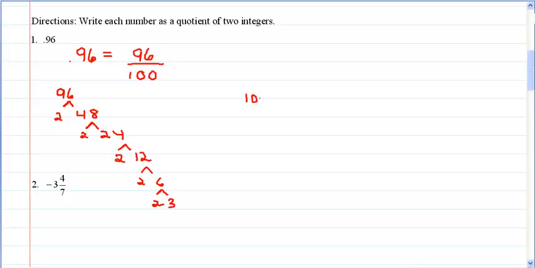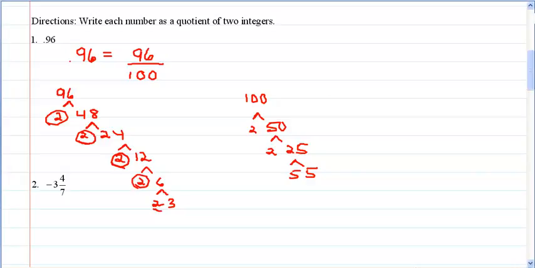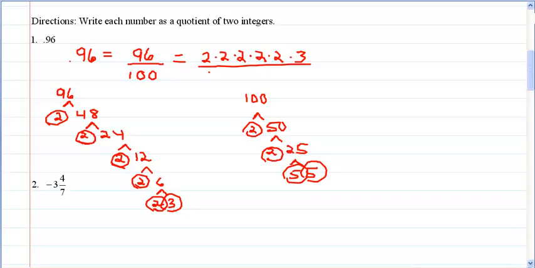And then for 100, so by writing the prime factorization of 96, I'm going to expand the numerator as 2 times itself 5 times, times 3, and then in the denominator I have 2 times 2 times 5 times 5, and you get 2 2's to cancel, and you multiply what's left. 2 times 2 times 2 is 8, times 3 is 24 over 25.